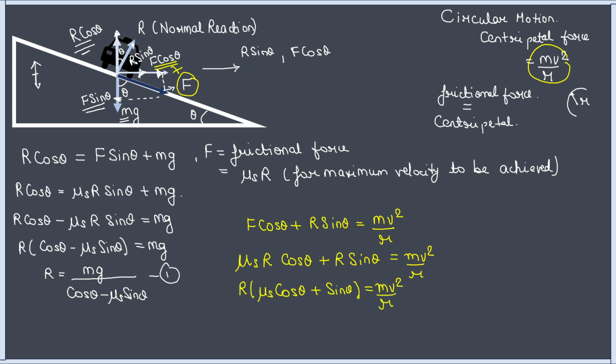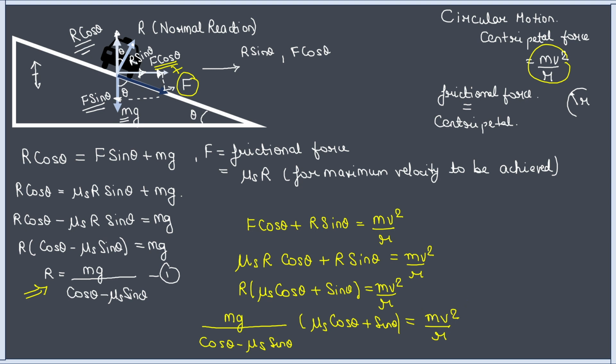Now we'll substitute the value of r from equation number 1. So we'll get mg upon cos theta minus mu s sin theta, multiplied by mu s cos theta plus sin theta, is equal to mv square upon r.